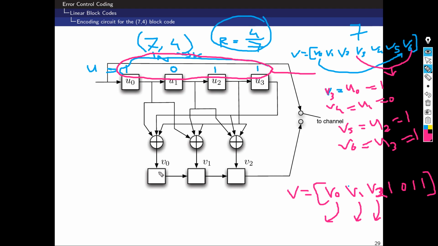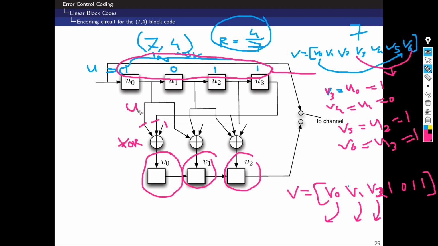For V0, you need to look here. For V1, you need to look here. For V2, you need to look here. V0 is the XOR operation coming from these three lines. Could you please tell me where each line is coming from?